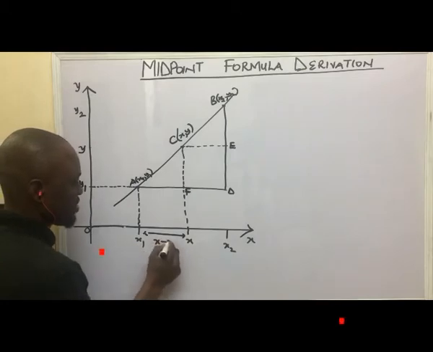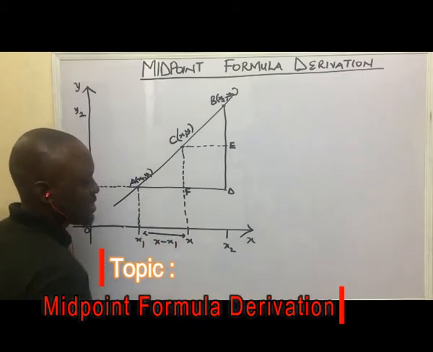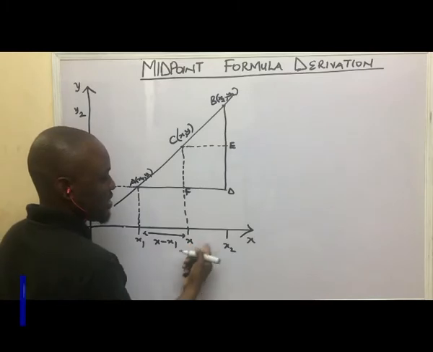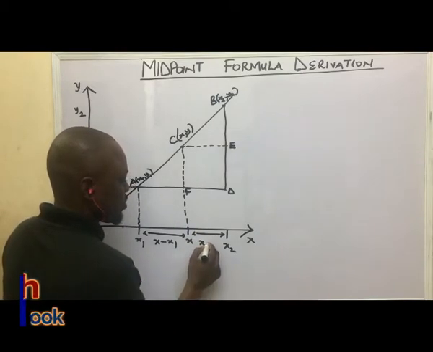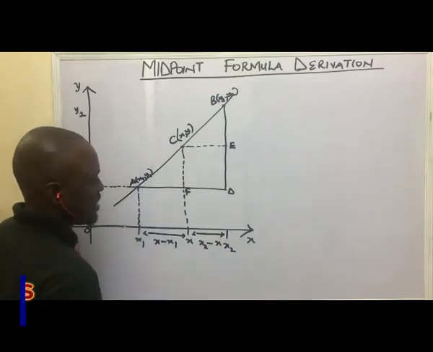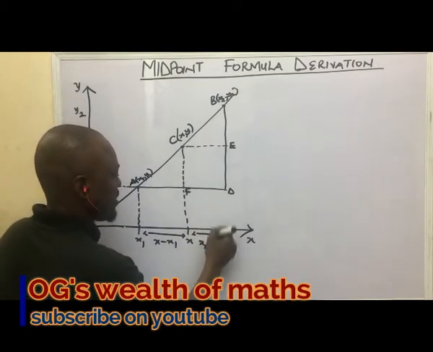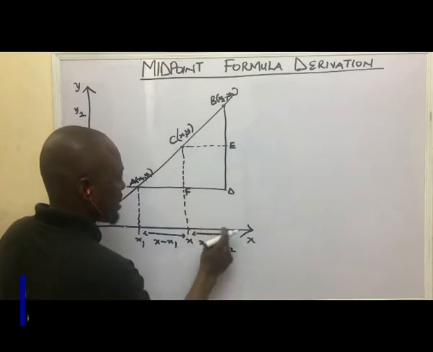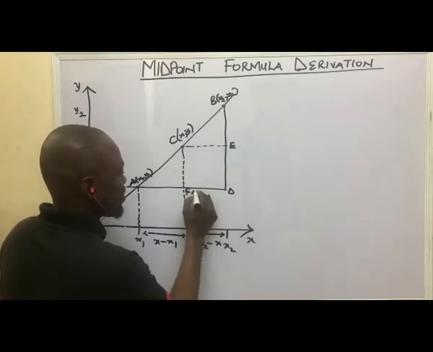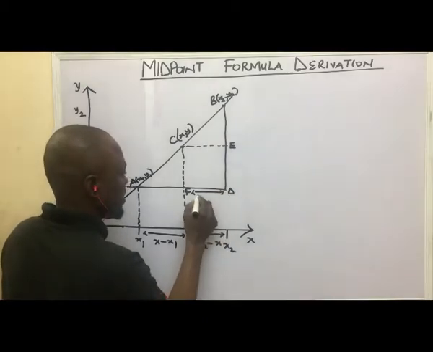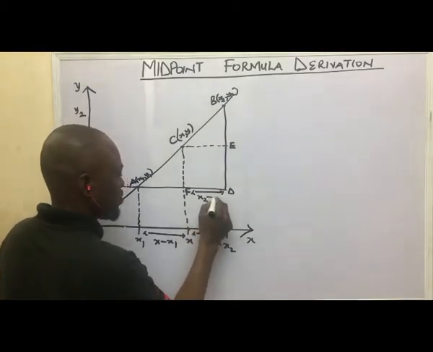If I do the same here, the distance between x and x of 2 will be x sub 2 minus x. Now this line is parallel to this line, so that shows that FD is also x sub 2 minus x.